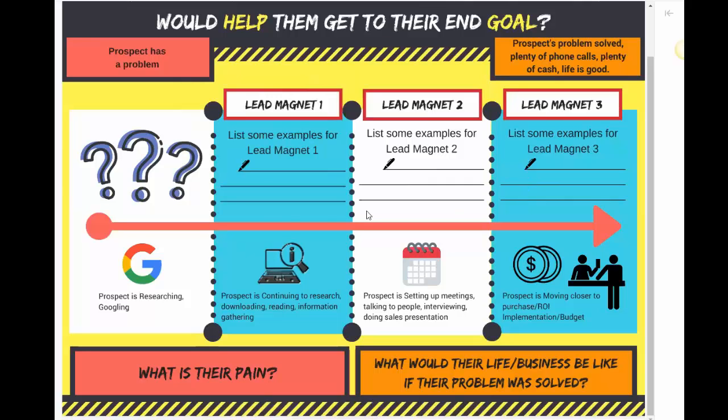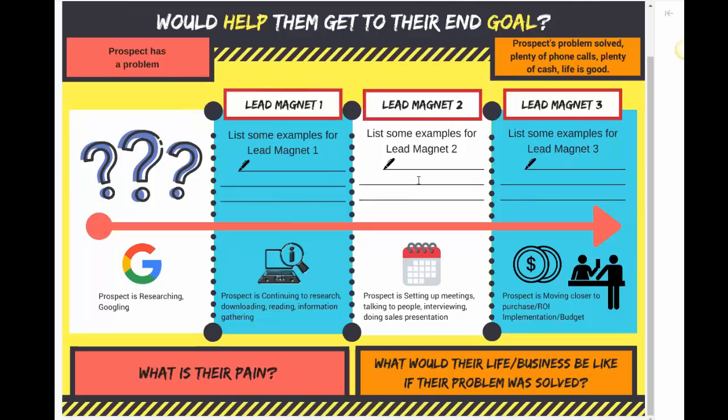Now if you imagine, and I recommend 3 lead magnets because people are at different phases of their buyer journey. If you only do 1, then you're only going to get people over here. But if you do 3 and they're spread across wherever they are in the process, you should treble the number of leads that you'll be able to get and put in your funnel.